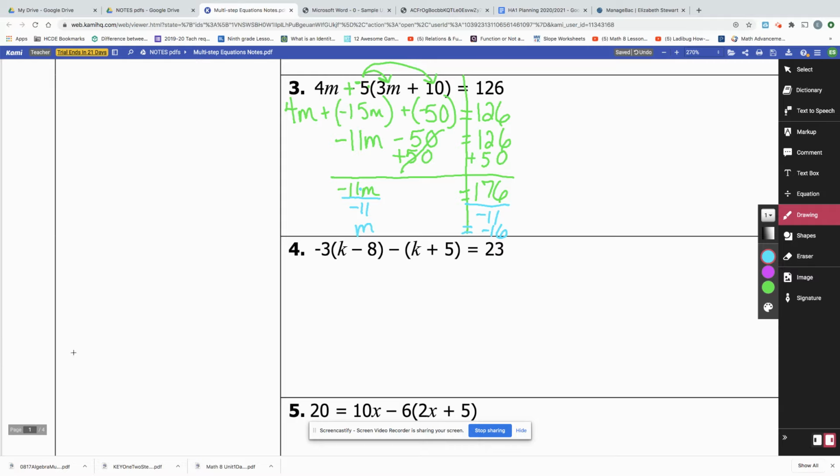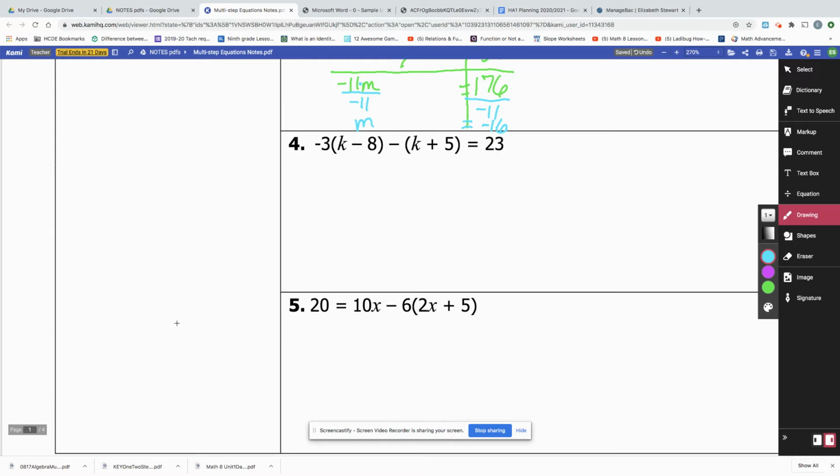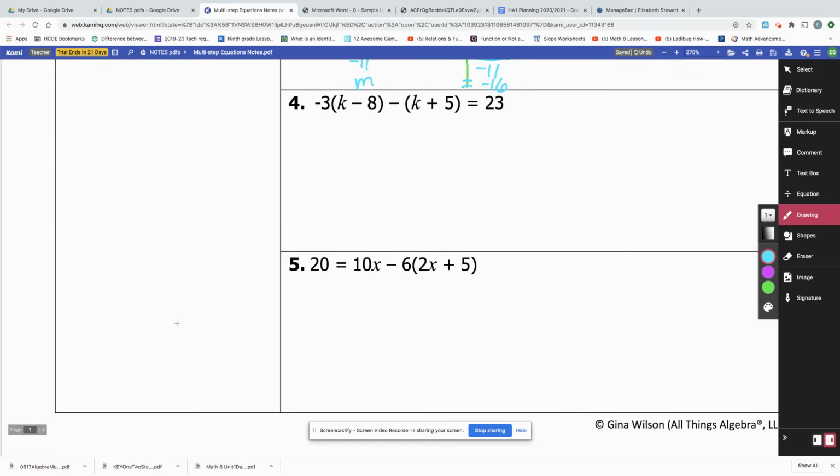Next example, I really like number 4 because it has 2 places where we apply the distributive property. So we see that we have negative 3 times k, and negative 3 times 8. But is that a positive 8 or a negative 8? Well, be careful. It's a negative 8.